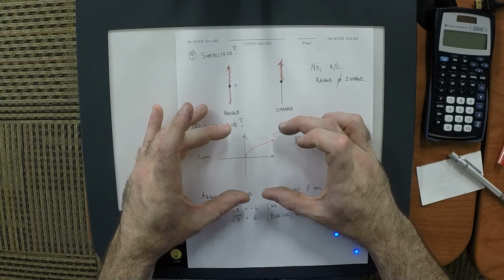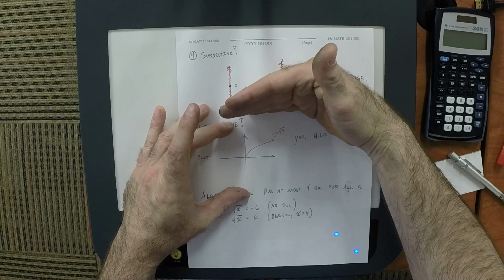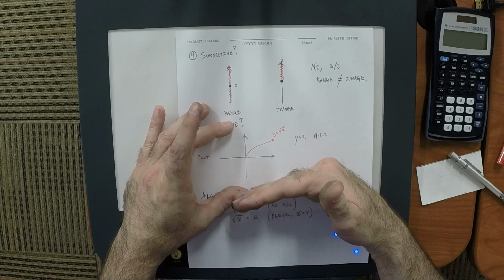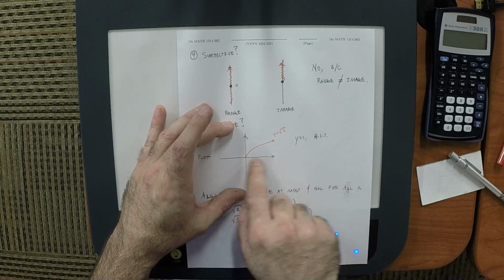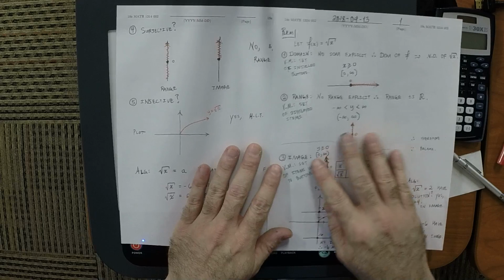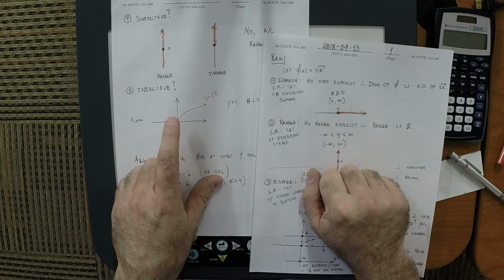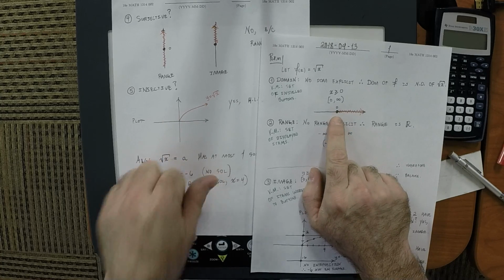When I ask a question about its domain, I make the plot fall down onto the horizontal axis. You make the half parabola fall down, and that's the origin right there. If all of those red points fell down, you'd see it flattened out.